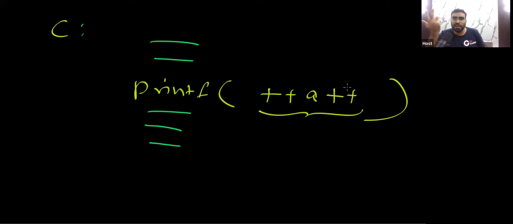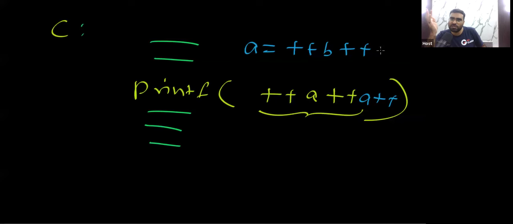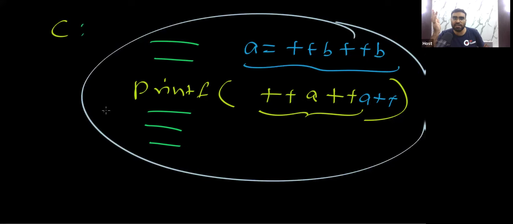They will be thinking that I have created the concept. Then they will do some more experiments, plus b, plus b. And then they will think that I've created the concepts, I've become Dennis Ritchie, the inventor of C language, the rules of C language are created by me.